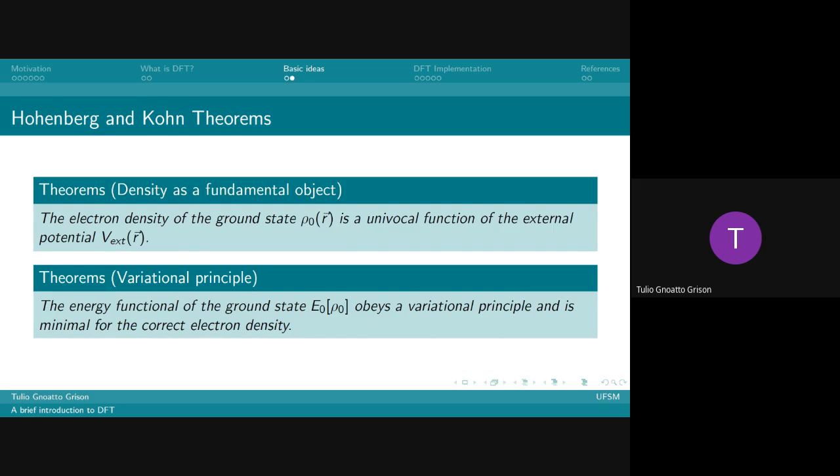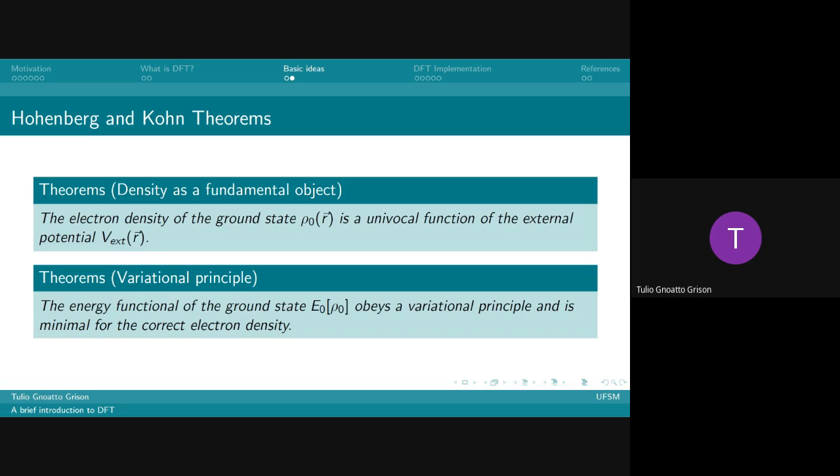In 1964, the paper published by Hohenberg and Kohn showed that the electron density can indeed be used as a fundamental quantity for the complete description of a system of interacting electrons, and therefore answered this question by proving these theorems. The first theorem states that the electronic density of a ground state is a unique function of the external potential.